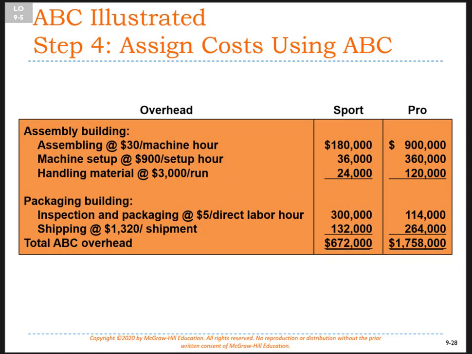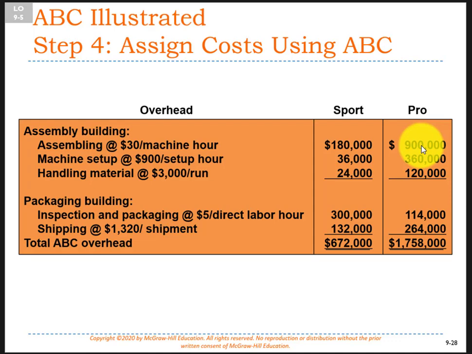So we've taken and multiplied the number of the cost driver times the rates that we got previously. So our total overhead allocated to sport is $672,000, for pro $1,758,000, just adding up.